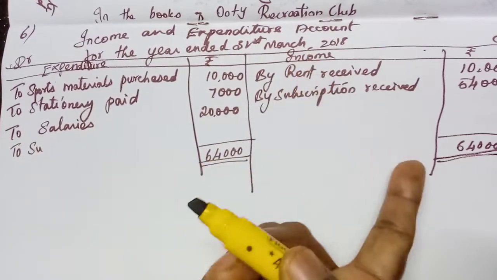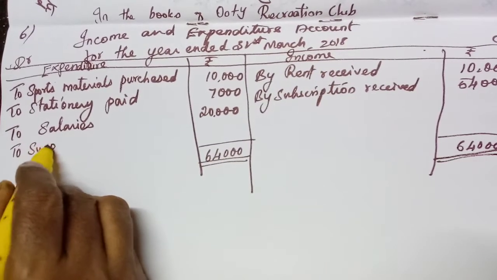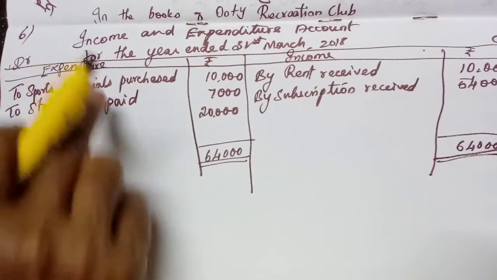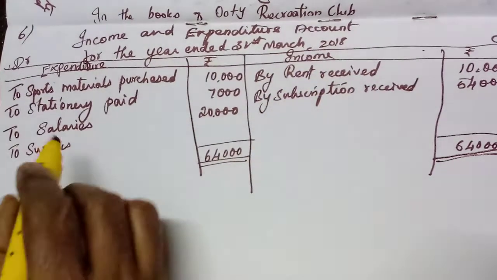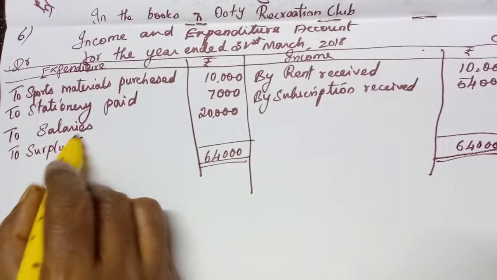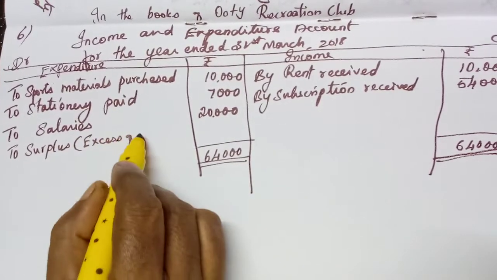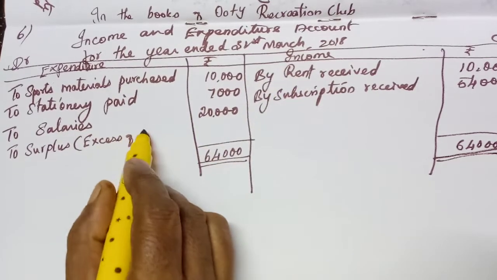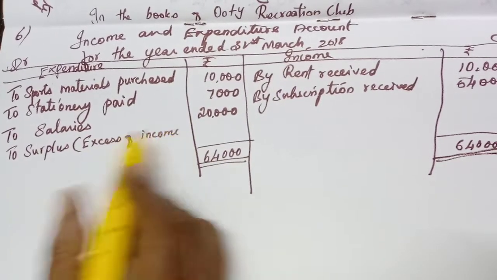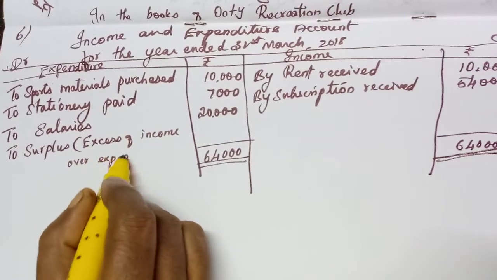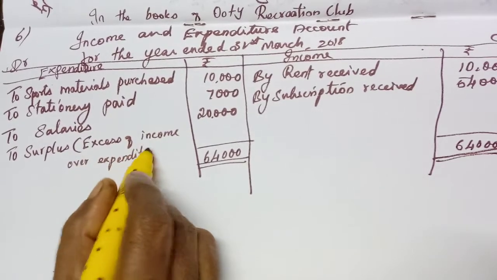Because income is more, we will get surplus. Okay, income is more, surplus. If expenditure is more, deficit. Surplus you write, and in bracket you write excess of income over expenditure. This you must write within bracket.